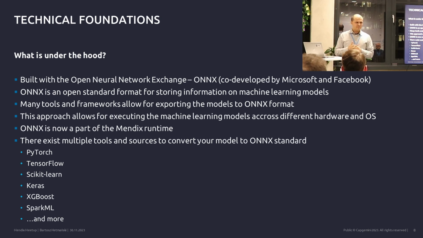I think that, well, maybe not all, but the big players do have a way of exporting your models to an ONNX format, and once you do that, you are then able to run the models in Mendix. What's good about ONNX? It's an open format. It can be run on multiple hardware and multiple OSs, and you don't need to worry about that, right?